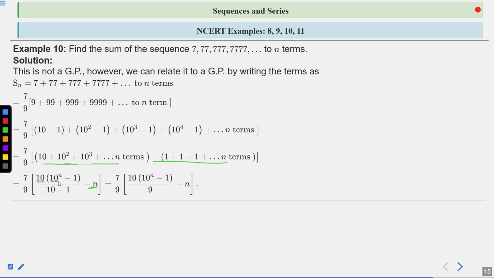So you are getting 10 raised to power n minus 1 divided by 10 minus 1. Simple. So simplify this denominator. You will get the sum of this sequence up to n terms, which is 7 by 9 times 10 raised to power n minus 1 divided by 9, minus n.